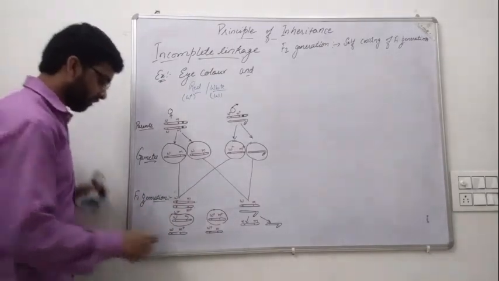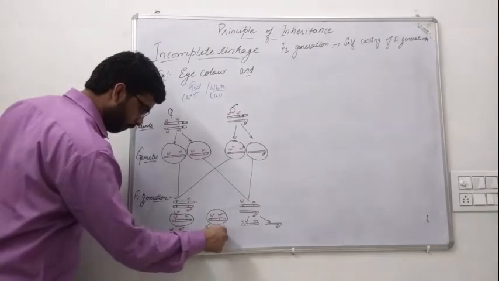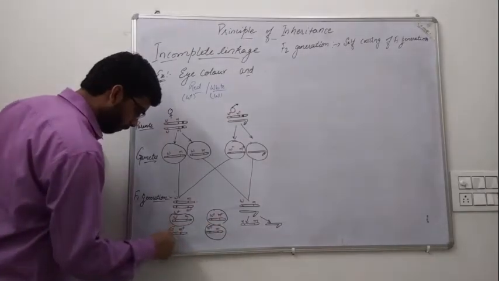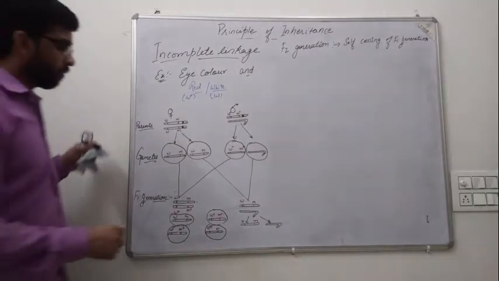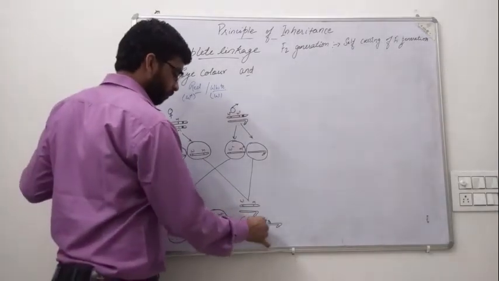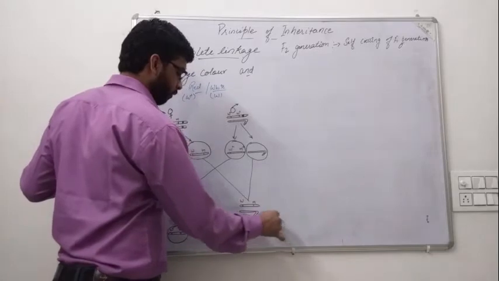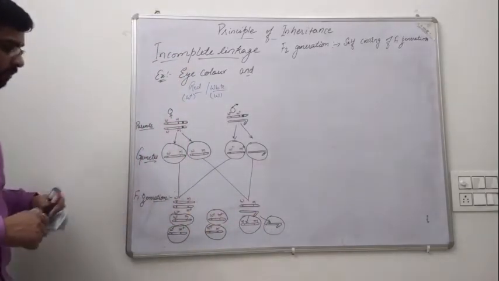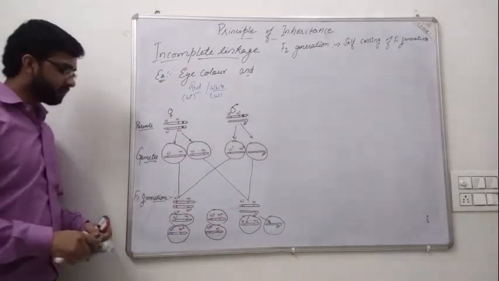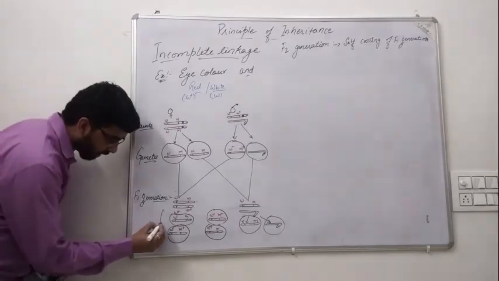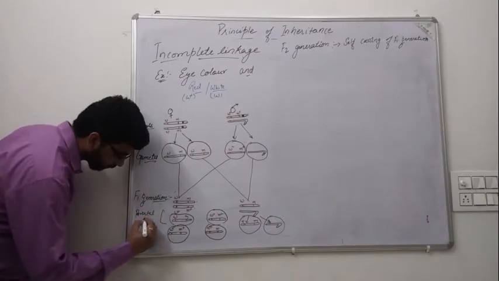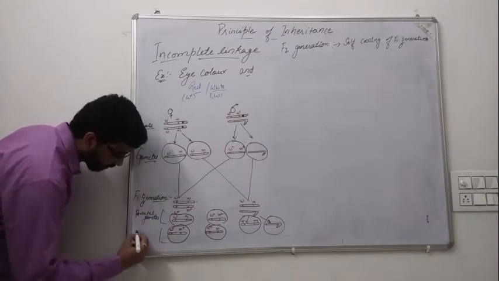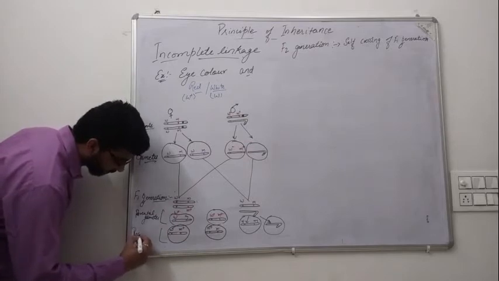We draw a circle. Here four gametes are formed: two parental gametes and two recombinant gametes. These two are parental gametes, and the last two are recombinant gametes.